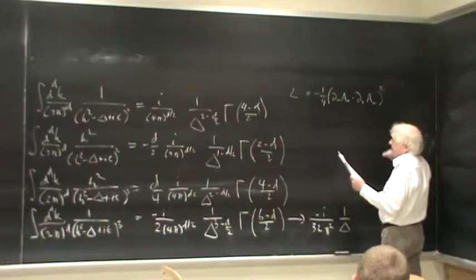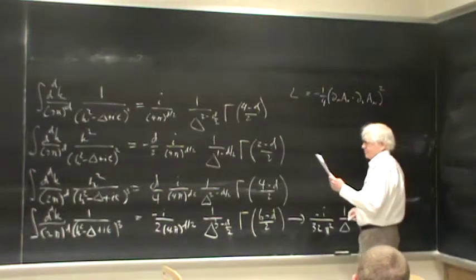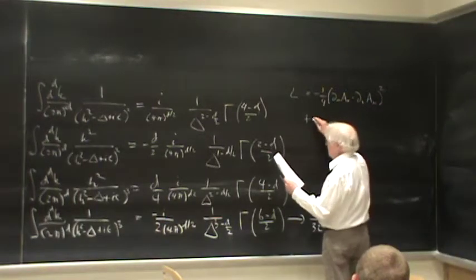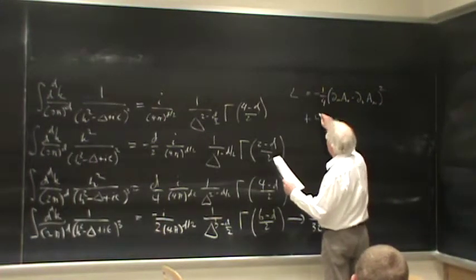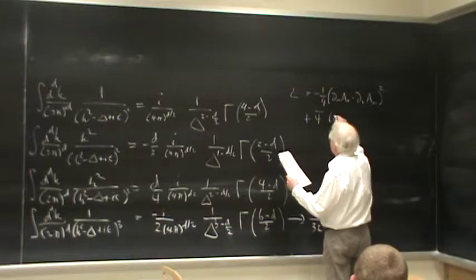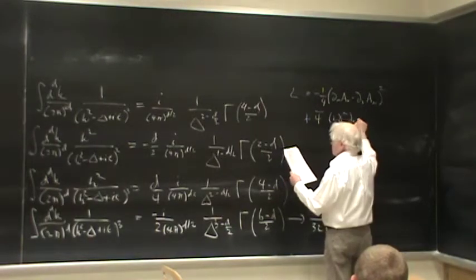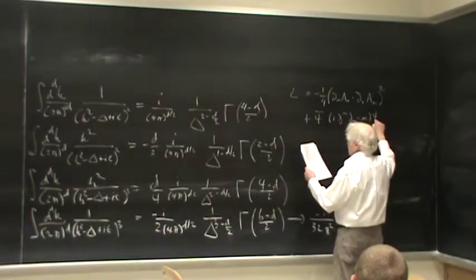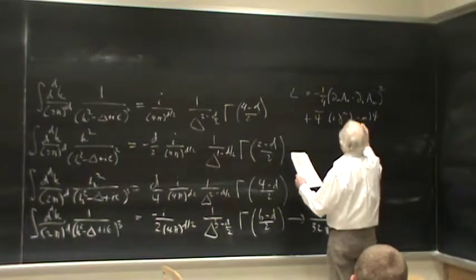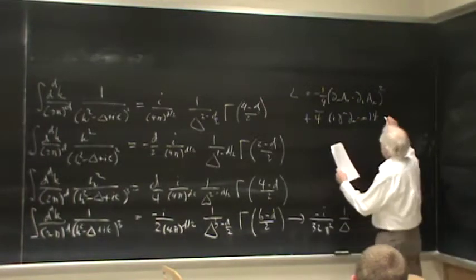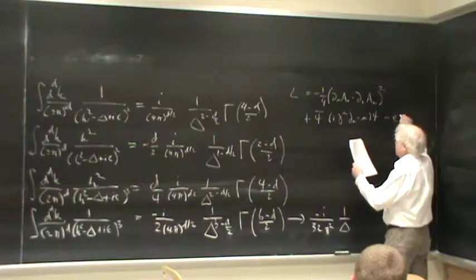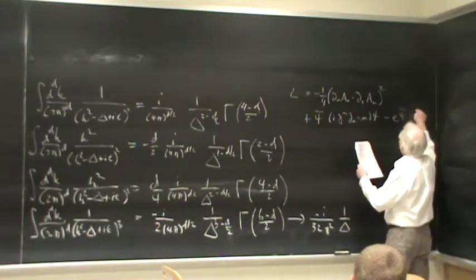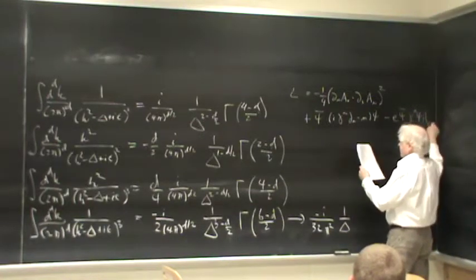I'll write it squared, which is what Schwartz wrote, but you have to get the correct Lorentz contraction. Plus ψ̄(iγ^μ ∂_μ − m)ψ, and then the rest of the covariant derivative is −e ψ̄ γ^μ ψ A_μ.